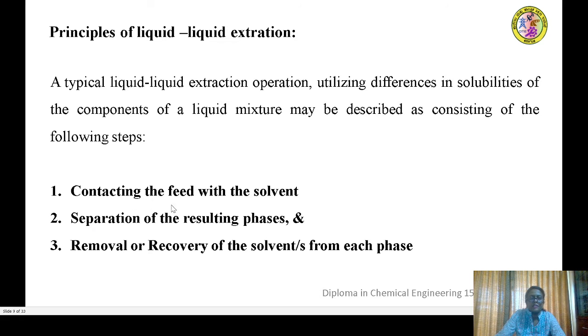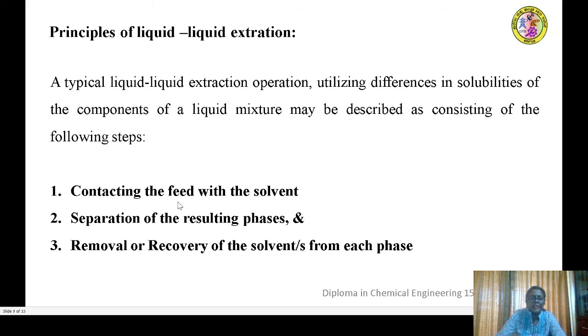So the first and very important step is contacting the feed solution with the solvent phase. The two liquid phases are thoroughly contacted here because that contact only helps in separating out the components by causing the redistribution of the components of the feed between the two phases.